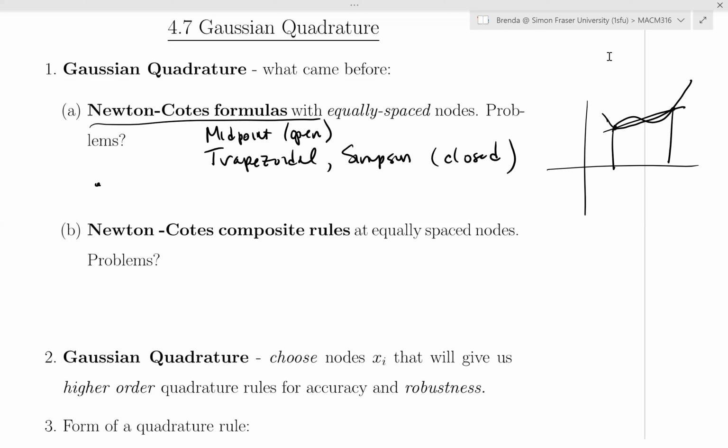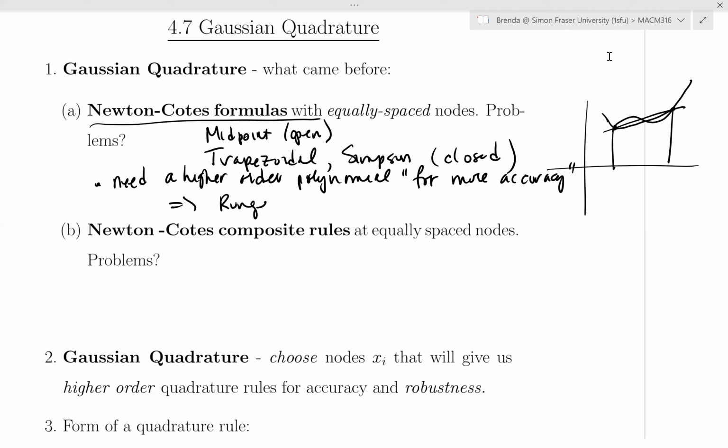Yeah, so the only way to do it here is I need a higher order polynomial for more accuracy, quote unquote, for more accuracy. And that leads to Runge's phenomenon, and then we don't get more accuracy.